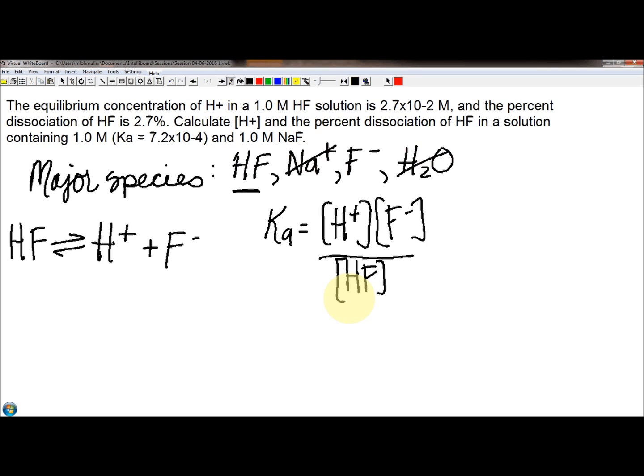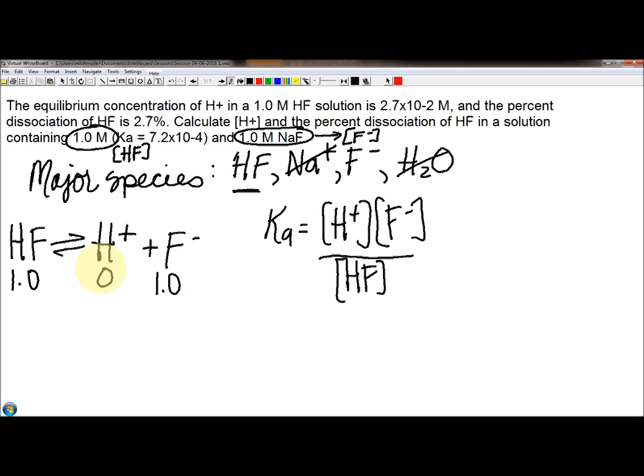When we're figuring out what to plug in to solve for X, to find the concentration of the H+, we are going to do an ICE chart. We know that we have 1 molar HF, so that's our HF concentration. And we have 1 molar NaF, which tells us the concentration of the fluoride ion initially, so we're also going to put 1.0 by the fluoride.